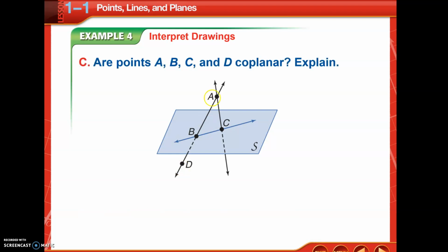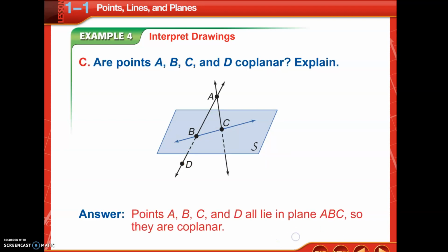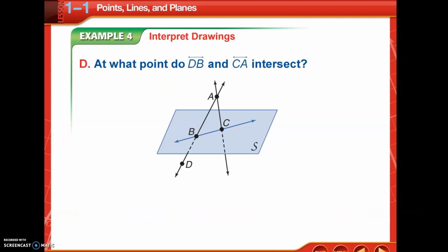Are points A, B, C, and D coplanar? Coplanar means I could set a piece of paper that would touch all of those, and yes, they are. So that would be coplanar because they are all in the same plane ABC. At what points do DB and CA intersect?